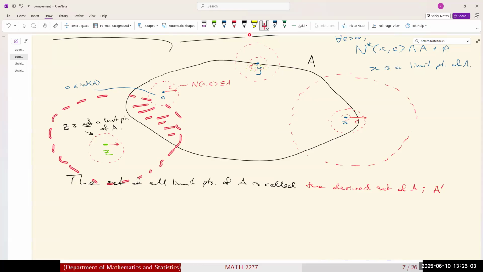But in order for it to be a limit point, every single neighborhood must contain a point of A. So what if I take a neighborhood very, very close to Z, very small? There's no point of A inside of this neighborhood. So it is not a limit point.